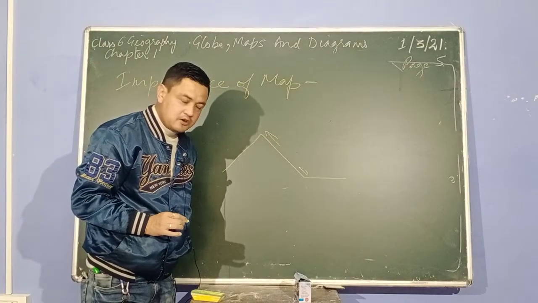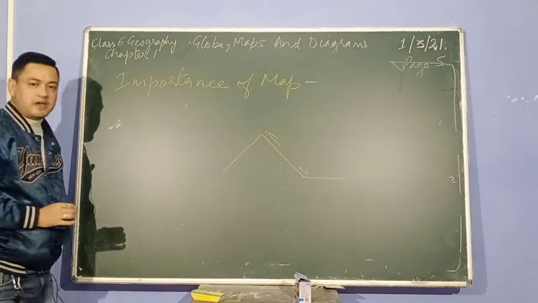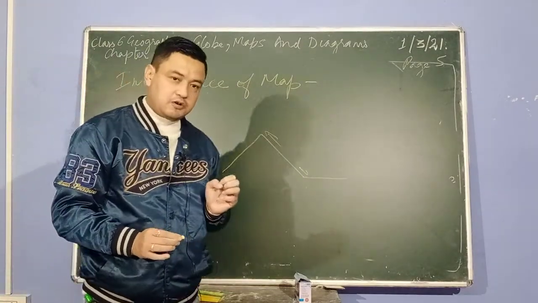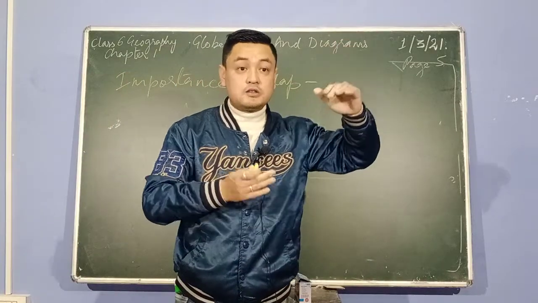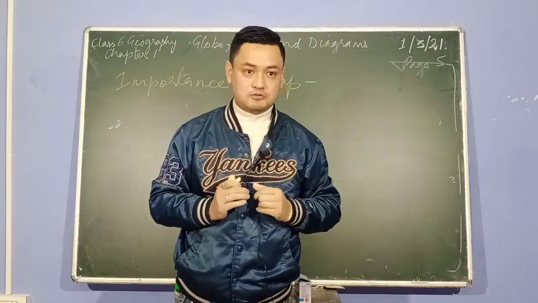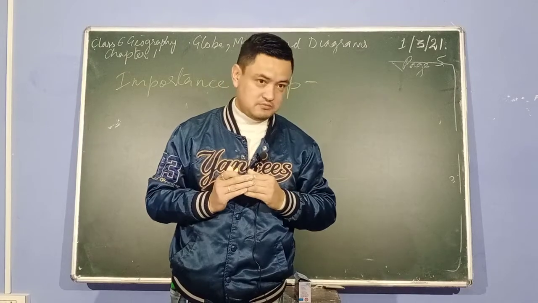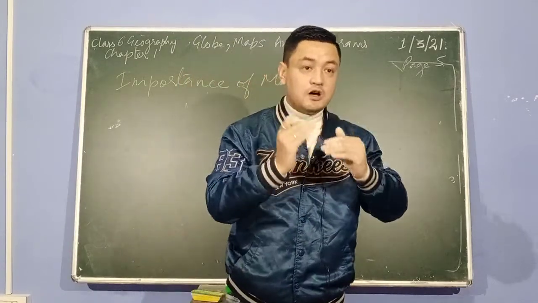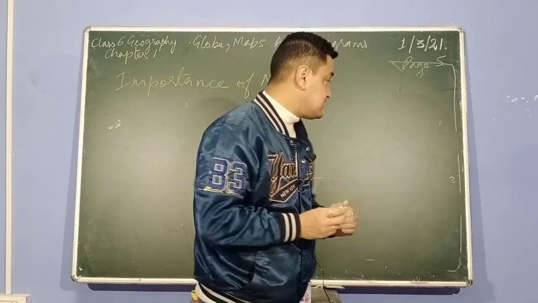Are you understanding? Now elevation is used to measure the height of the mountain or the depth of the ocean also. What is the depth of the river? What is the depth of the ocean? That is known as elevation.